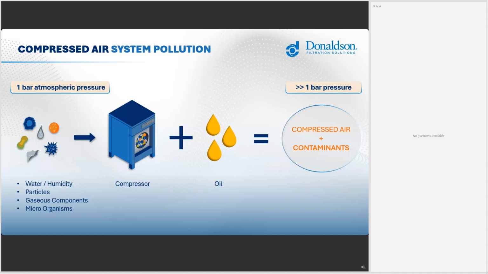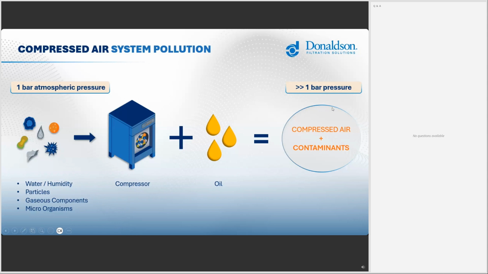Looking at the compressed air system pollution, again, this is also depending on the pressure in the system. So everything which is sucked in from the ambience, like water, humidity, particles, gaseous components, and microorganisms. And in the compressor, there is oil also added into the system.